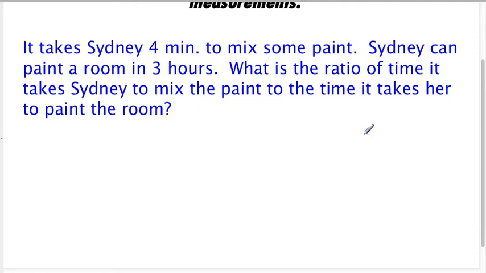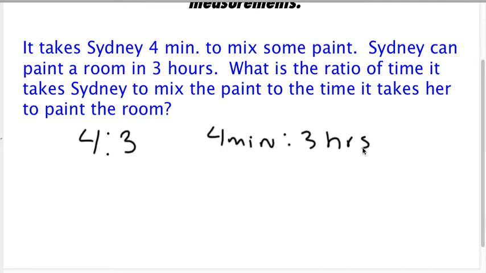Okay, now more than likely, I bet you wrote that the relationship is 4:3. But if you notice, it's 4 minutes to 3 hours. And this isn't quite correct because we're comparing minutes and hours. These are not the same units. So we'll have to convert them so that they are the same. Now I know that there are 60 minutes in an hour, so 3 hours is the same as 180 minutes.